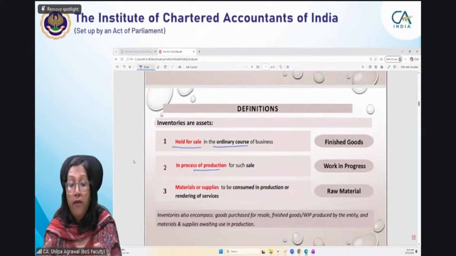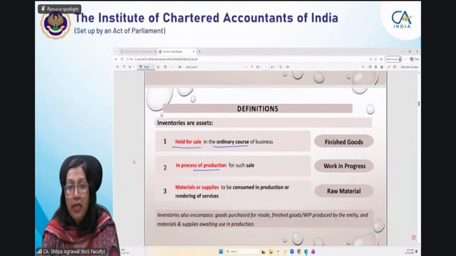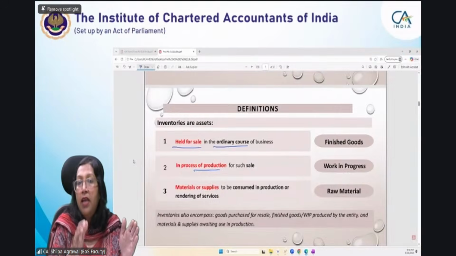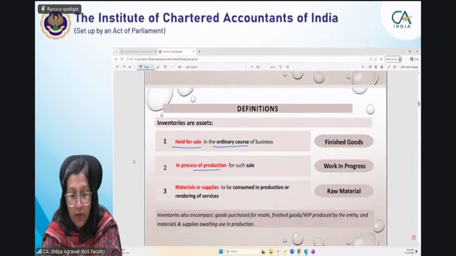So you are having all these things which are complete in themselves. Ribbon is complete in itself, but for you it will be work in progress until you are preparing and making ready that particular hamper. Or your hamper is incomplete, half of the hamper is filled and half is left, so that is your work in progress. Similarly, we can talk about any manufacturing item also.